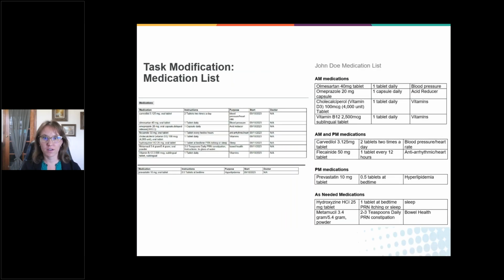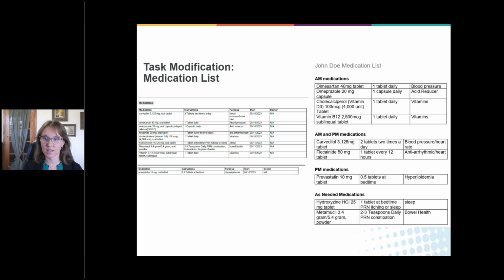The other one is task modification. The medication list on the left is what is printed out if we just go through our electronic health record system. The print is small, and it's not in any particular order. It's not really beneficial to patients, especially if there are any cognitive deficits and they're trying to fill their med planner on their own. On the right is an example of some of the modifications I'll do.